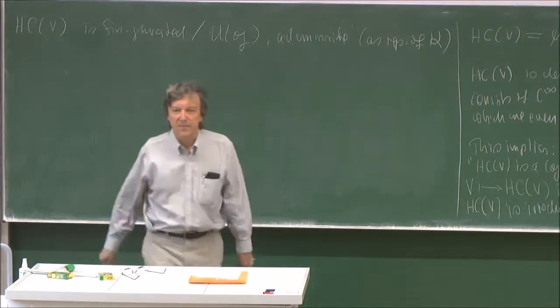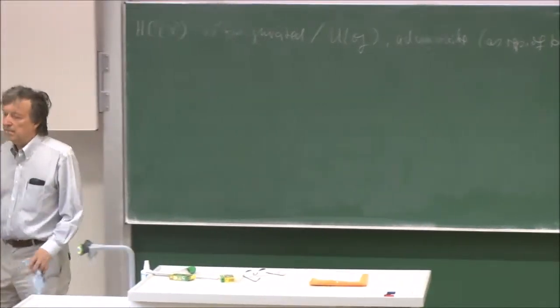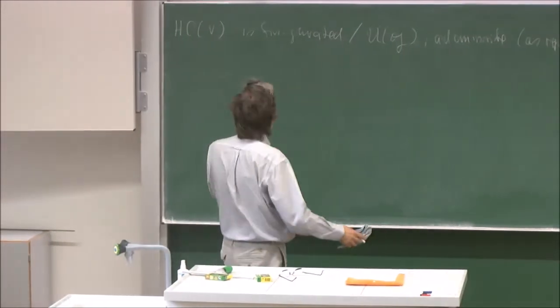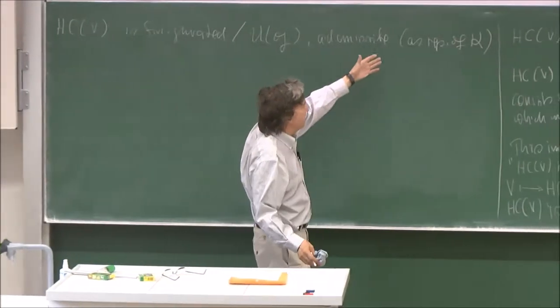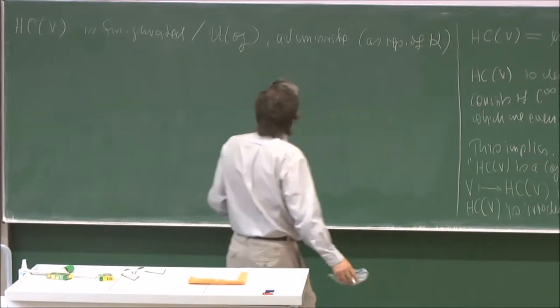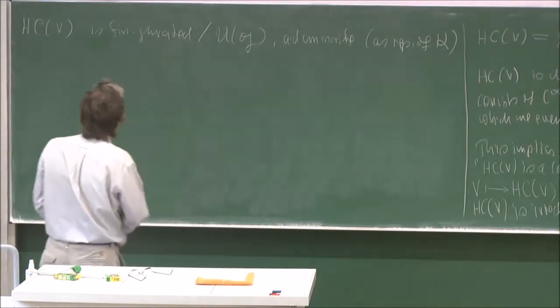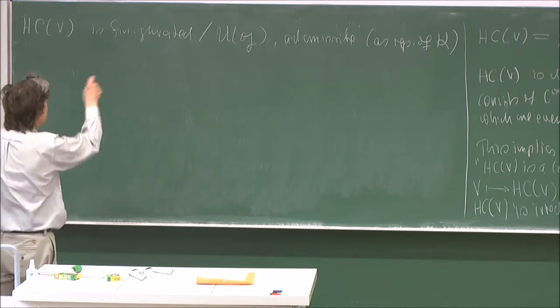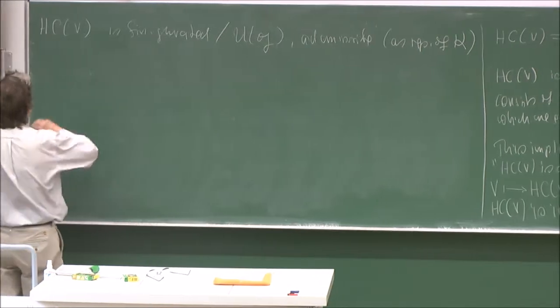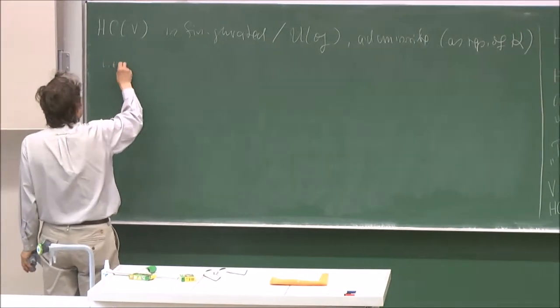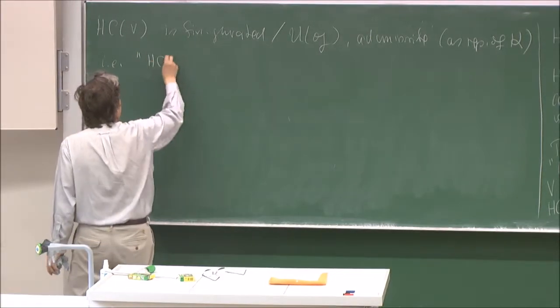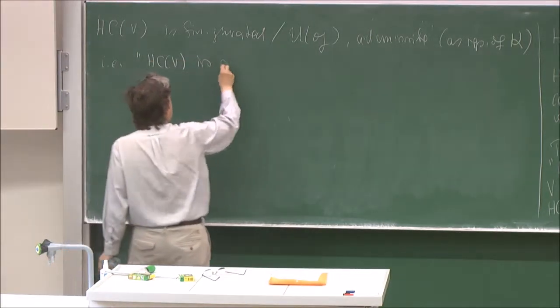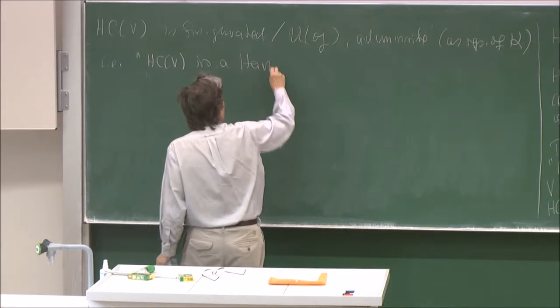K acts by an algebraic action, and I already said that Harish-Chandra of V is admissible as a representation of K, and of course it is a (g,K) module, and these are the characterizing properties of a Harish-Chandra module.